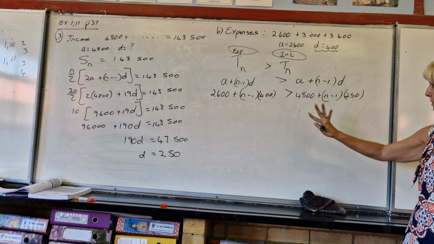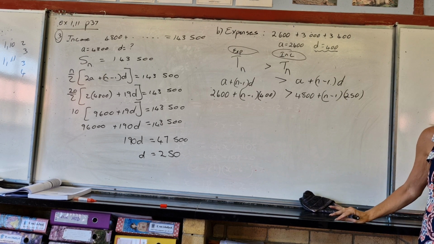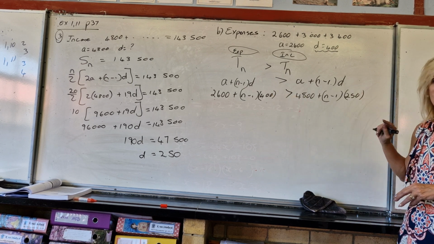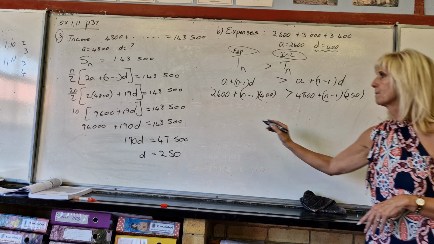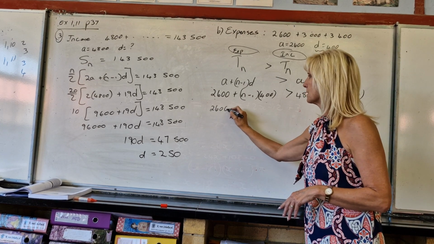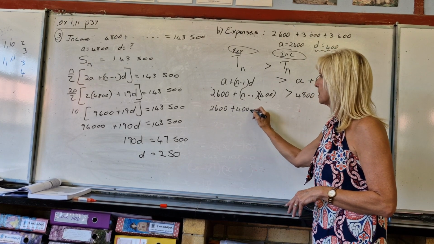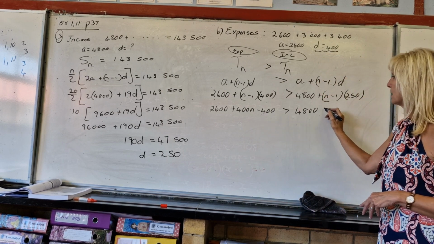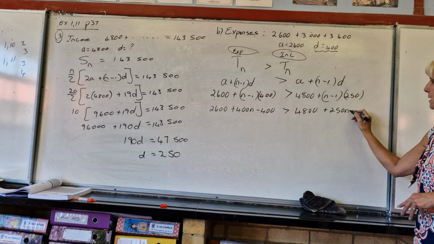What are you going to work out here? You're going to find the N at which the expenses start being more than the income. Alright, let's do the math. 2,600 plus 400N minus 400 is bigger than 4,800 plus 250N minus 250.